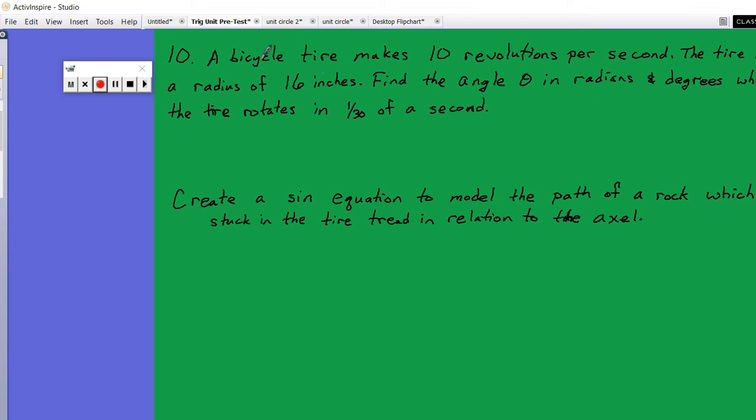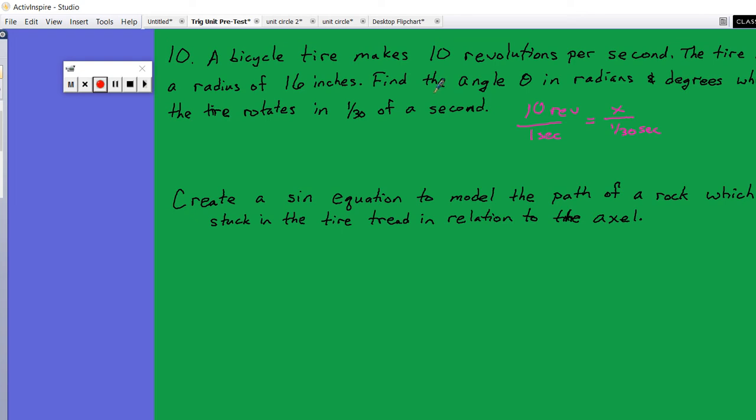Number 10, a bicycle tire makes 10 revolutions per second. The tire has a radius of 16 inches. Find the angle in radians and degrees which the tire rotates in 1/30th of a second. So it makes 10 revolutions in 1 second, so 10 revolutions in 1 second equals x in 1/30th of a second.